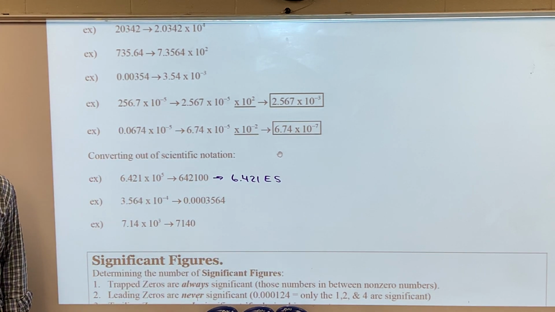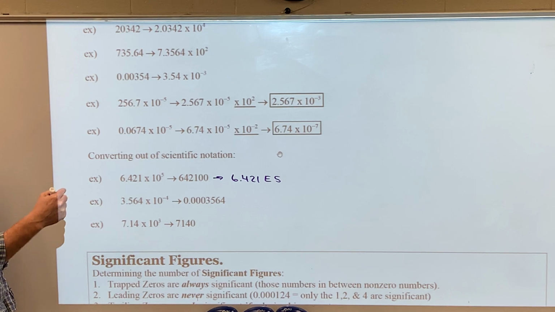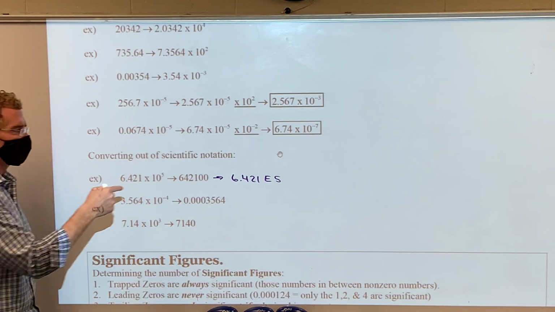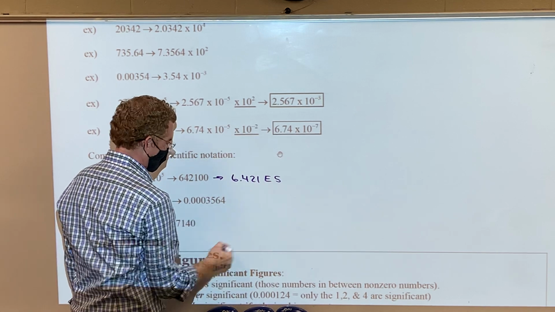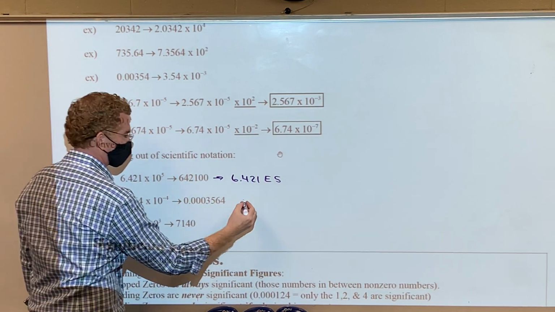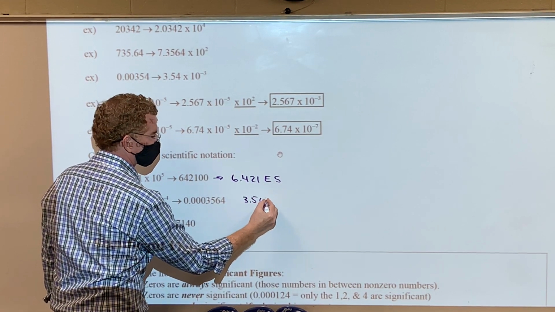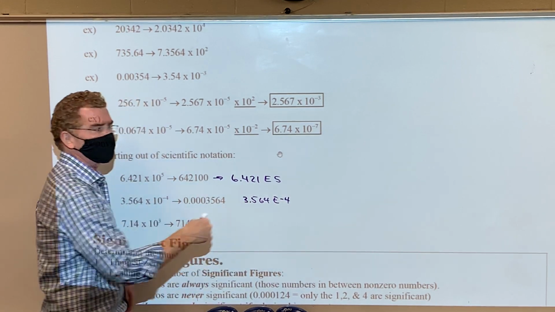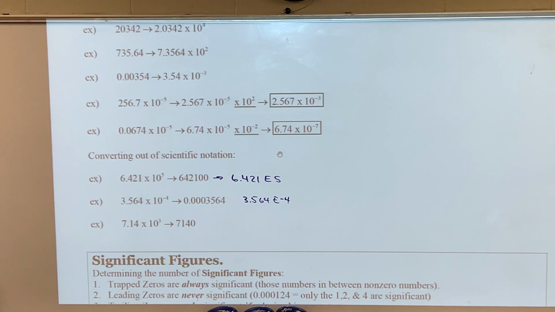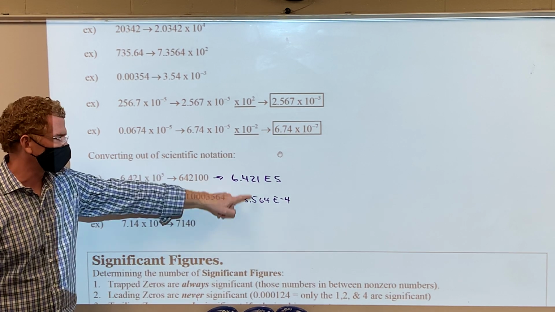So just know that if your calculator spits out E5, and a lot of times the little scientific calculators, they're like $10 from Walmart or whatever, they do that, that means times 10 to the 5th. Or if it says E negative, if this said 3.564 E negative 4, just know that that means times 10 to the negative 4. And I don't know why they couldn't program it to say that, but that's what that means.